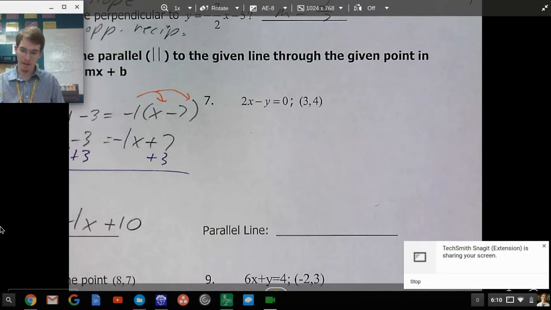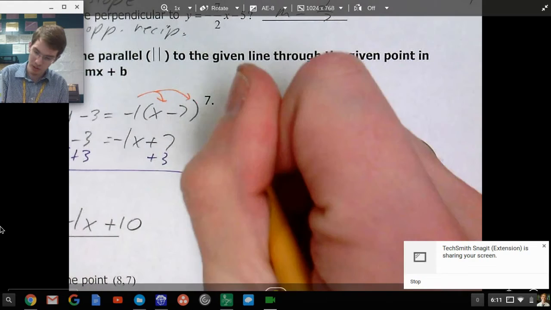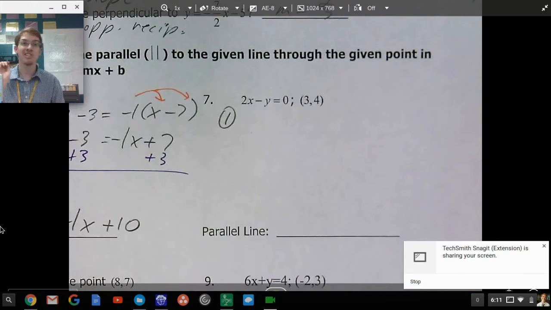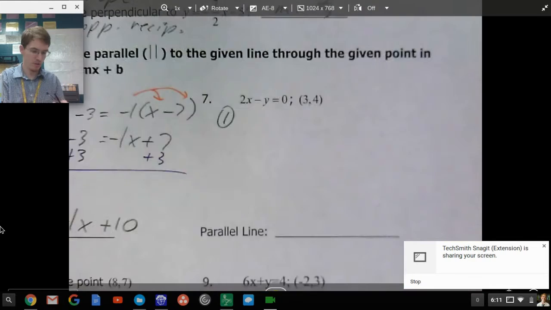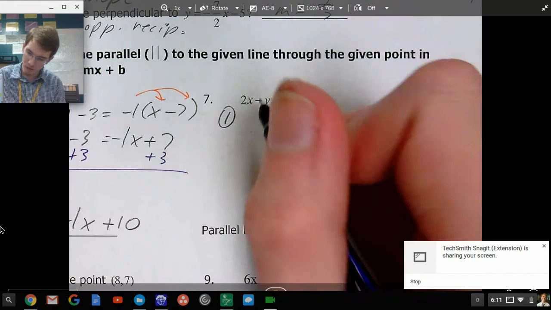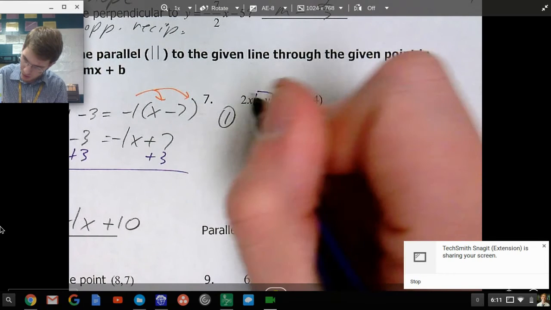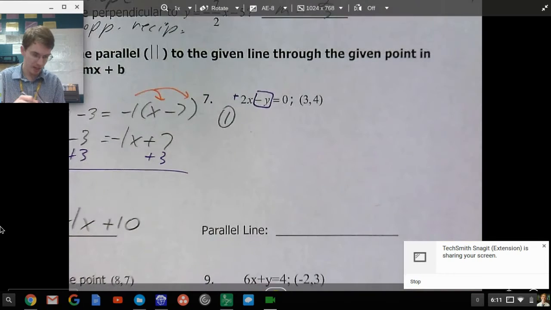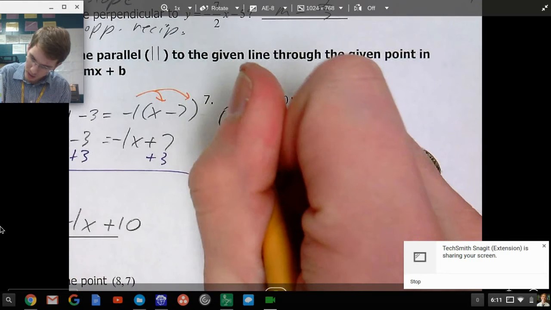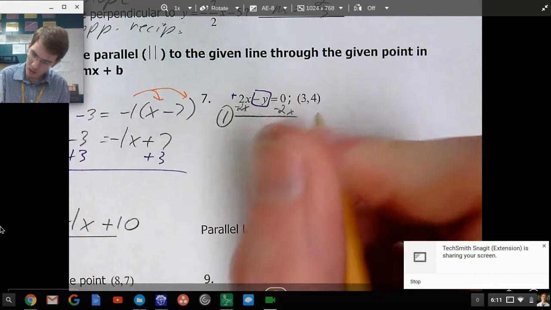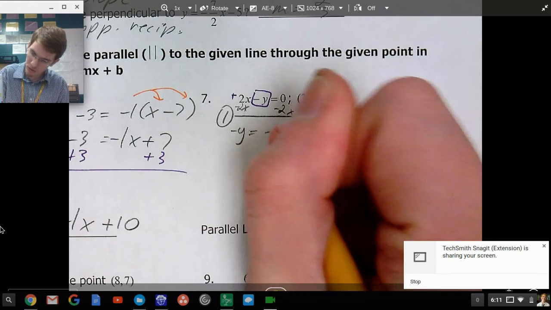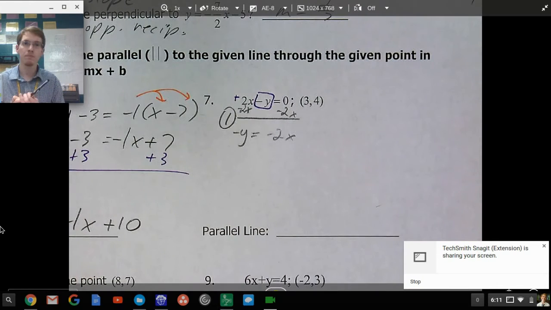Okay, number 7. We need to get y by itself to even figure out the slope. So our step 1 is to find the slope, starting from square 1. So 2x minus y, we want to get y by itself. You see that's a positive 2x there, so we're going to subtract 2x. So we have -y equals -2x.